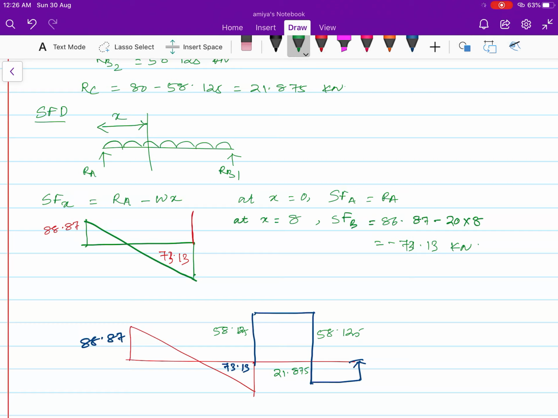So this is how the shear force diagram looks for this problem. This is positive, this is positive, this is our negative. I hope you like this video and thank you very much for watching.